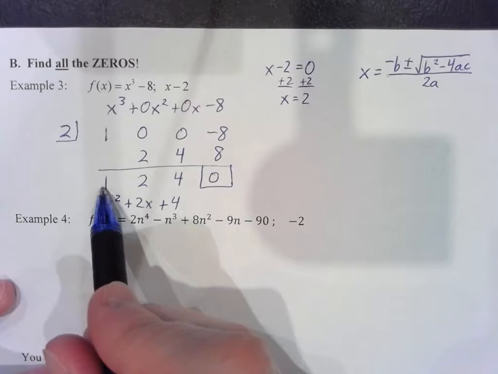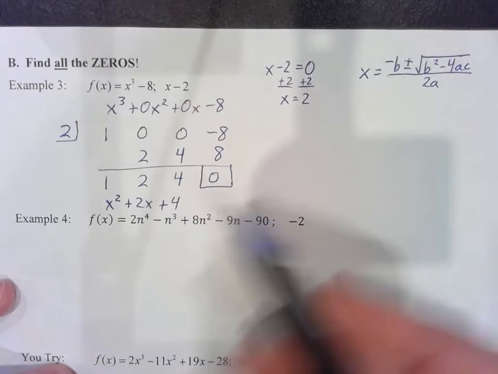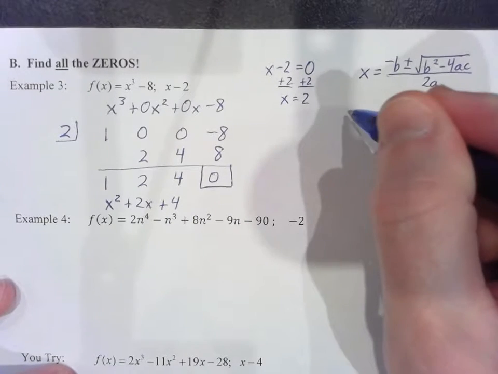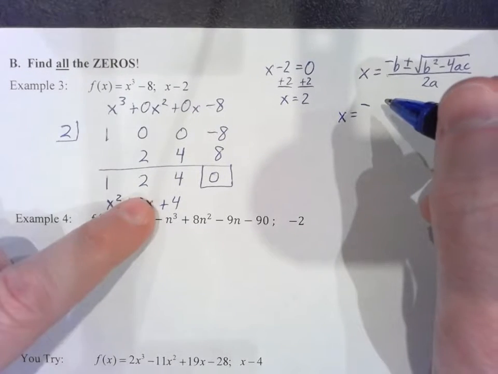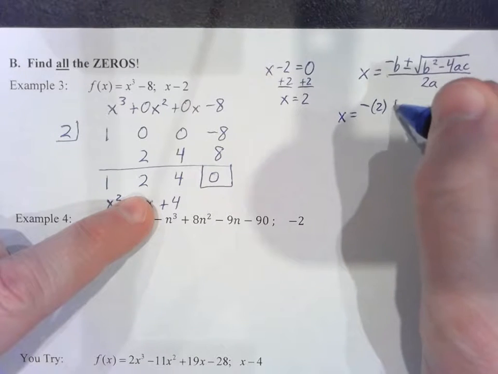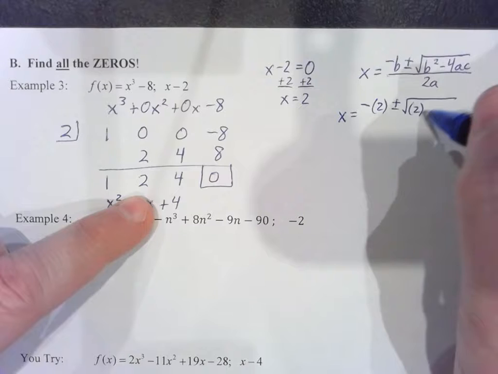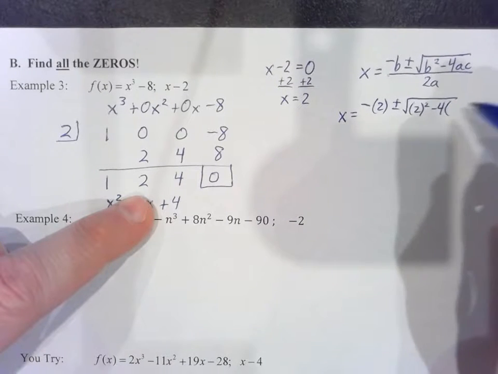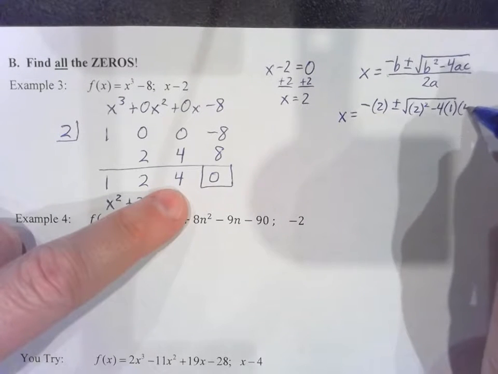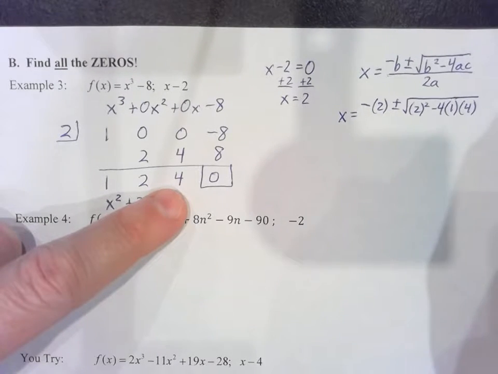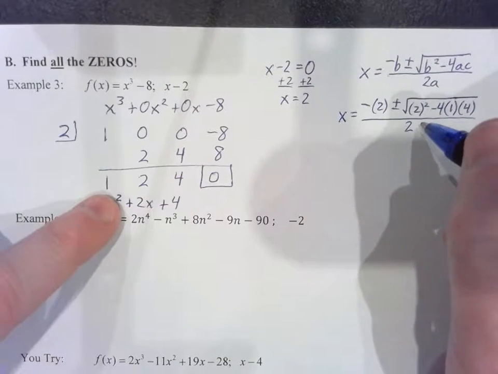So a is 1, b is 2, c is 4. The quadratic formula says x equals the opposite of the b value, which is 2, plus or minus the square root of b squared, so 2 squared minus 4 times the a value, which is 1, times the c value, which is 4, all over 2 times the a value, which is 1.